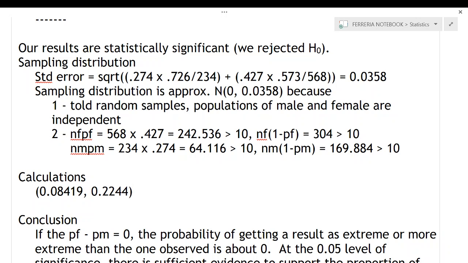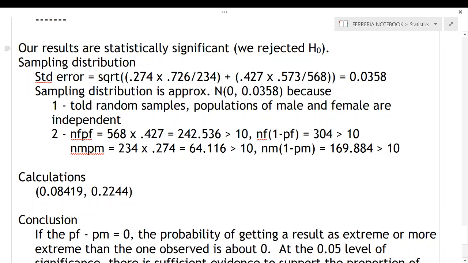What would the hypothesis be for part B? There's no hypothesis in part B, it's not a hypothesis test. The idea here was if you were asked to construct a confidence interval, this is how you would construct it.